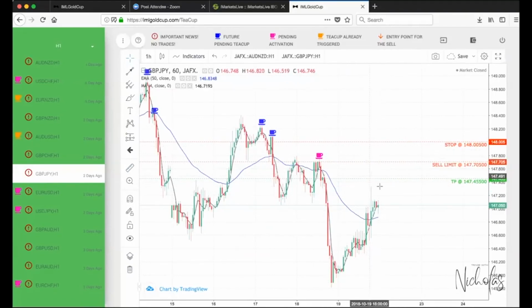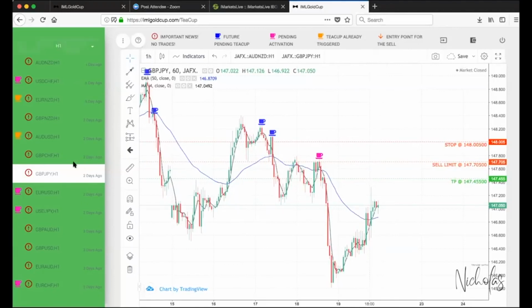Do you think this is a good teacup to take? Good, good, good. No. Why are you guys saying no? I would take this one. I would definitely take this one. So let's check that off the list.